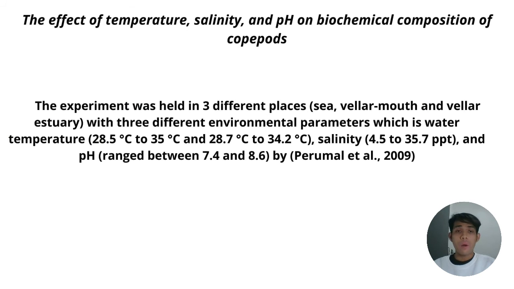Okay, for the effect of temperature, salinity, and pH on the biochemical composition of copepods, a study by Perumal et al. in 2009 held the experiment in three different places with three different environmental parameters: temperature from 28 to 34, salinity from 4.8 to 35.7 ppt, and the pH ranged between 7 to 8.